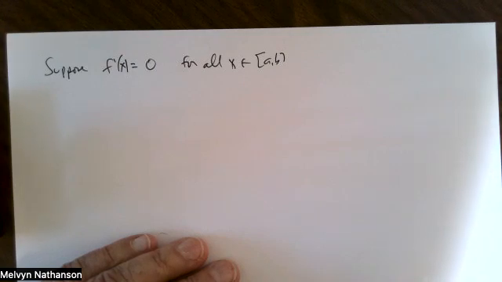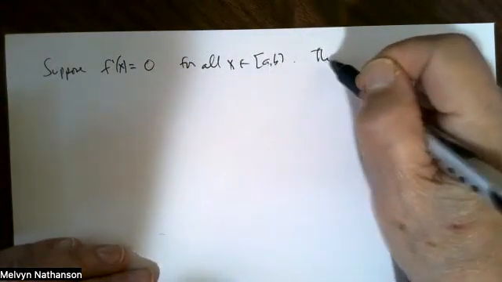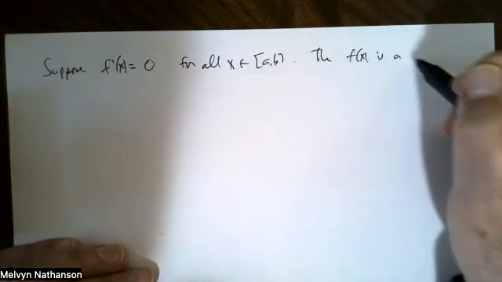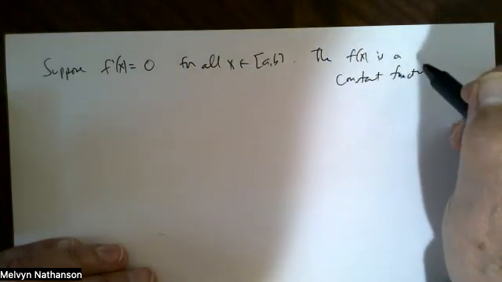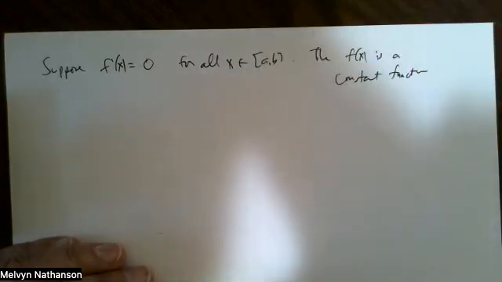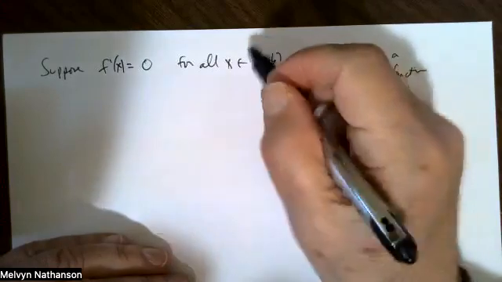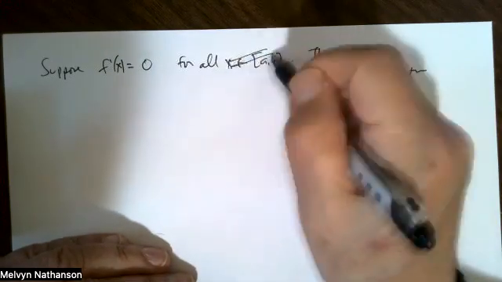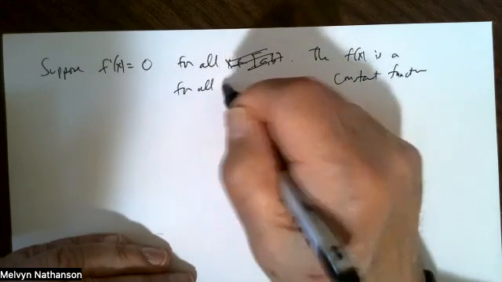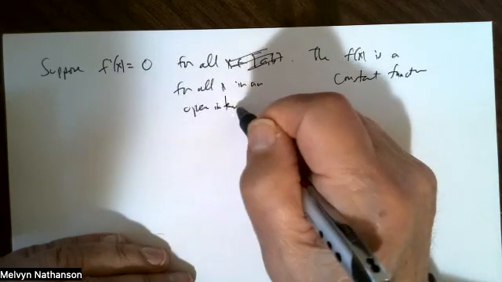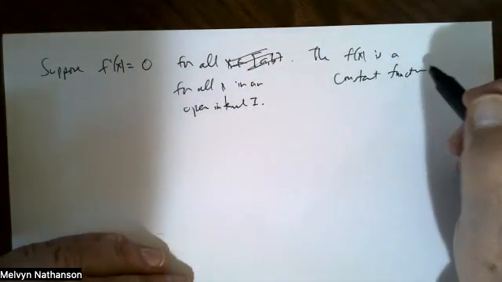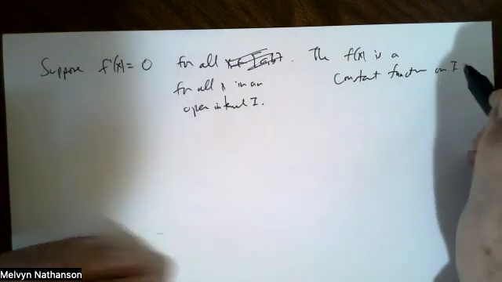So the conclusion is then f of x is a constant function. Let's just say f prime of x is equal to 0 for all x in an open interval I. Then f of x is a constant function on this interval.